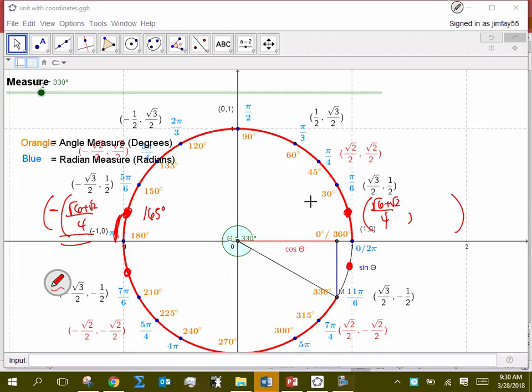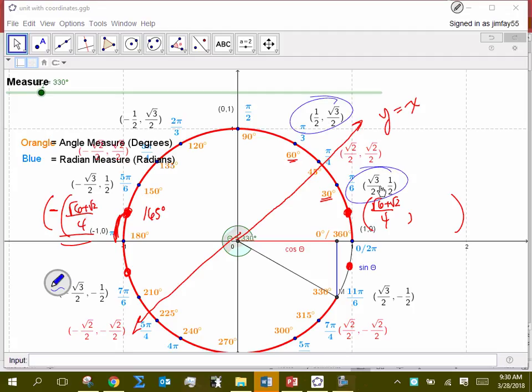Okay. Now, think about what we did with 30 and 60. 30 and 60 were a reflection of one another across that line. It's terrible, but it's the line y equals x. Okay? And everything that's a reflection across the line y equals x, you're going to have that inverse relationship, right? Where the A's and B's, or the X's and Y's, flip-flop. So that's how these two kind of relate to one another. Well, isn't there an angle right here of 75?